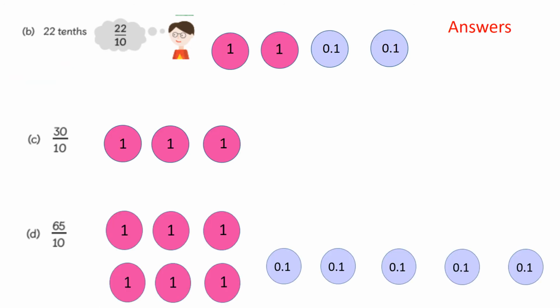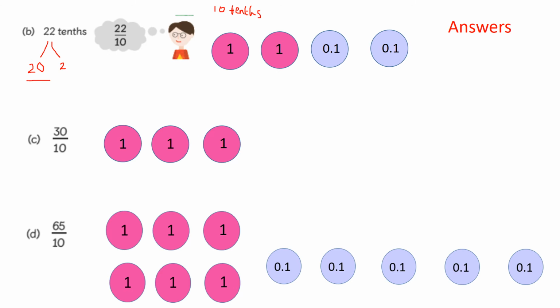Okay guys, let's have a look at the answers for our practice questions B, C and D. So question 1, we worked out that 22 tenths can be partitioned into 20 and 2. We also know that 10 tenths is equal to one of the ones counters. So I'm just going to write that on top there. Again, sorry, it's a bit wiggly and it's hard to draw.